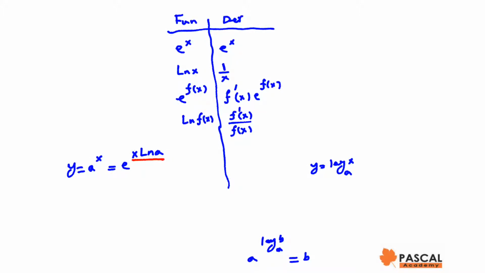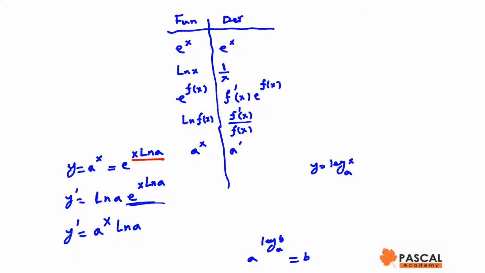It's a linear function, therefore the derivative would be ln a times e^(x ln a). Again, e^(x ln a) is a^x, therefore the derivative of the function a^x is a^x ln a.